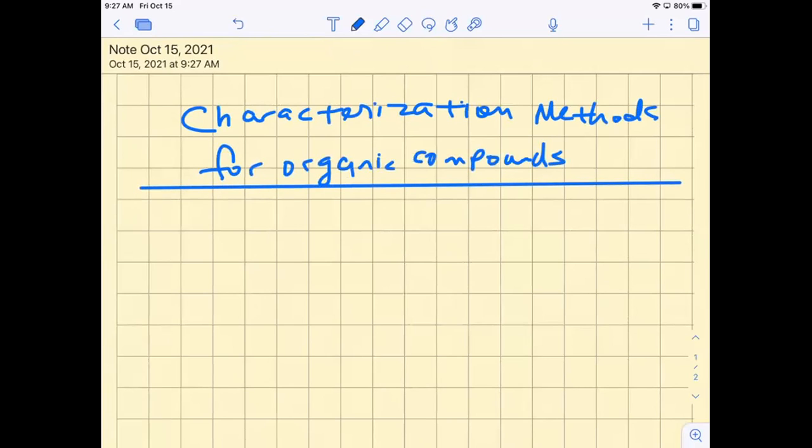So we're looking at these different characterization methods. We're going to start out looking at infrared.